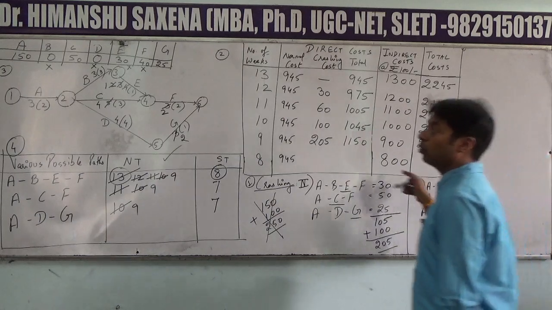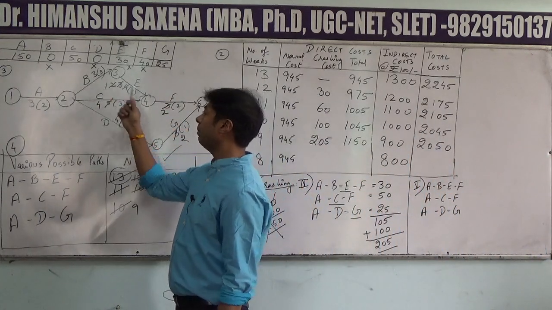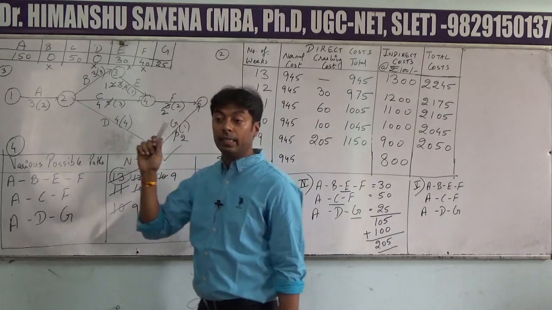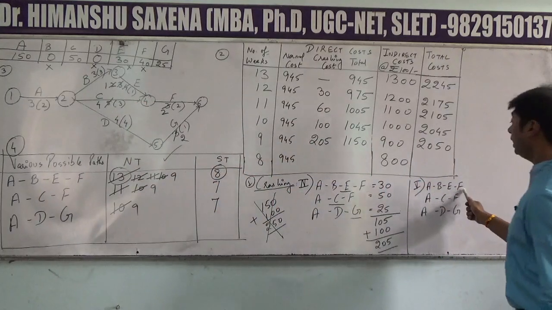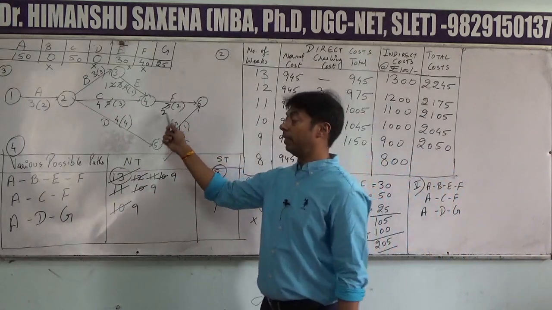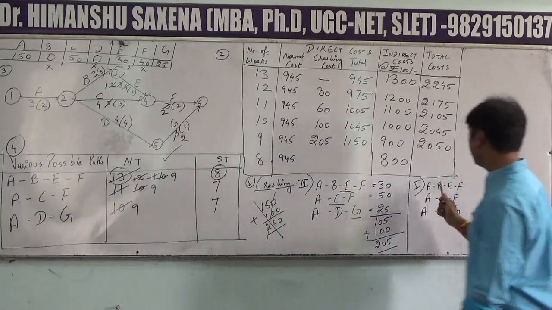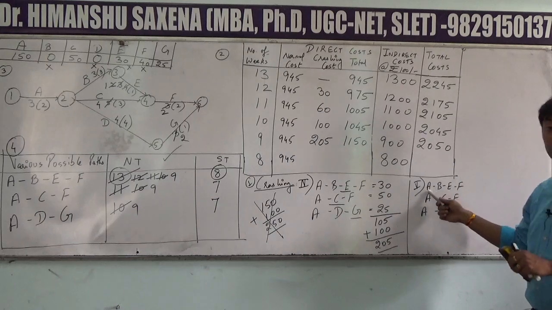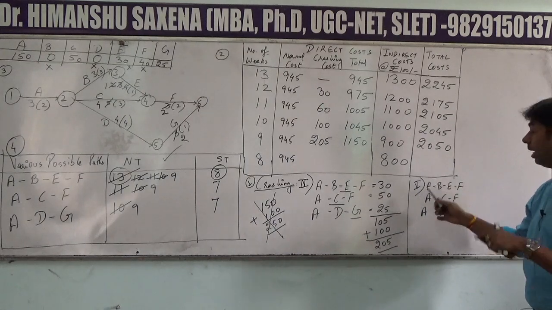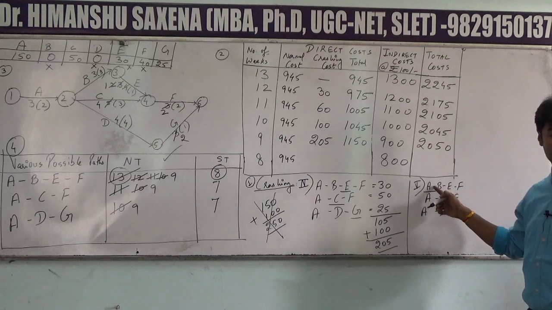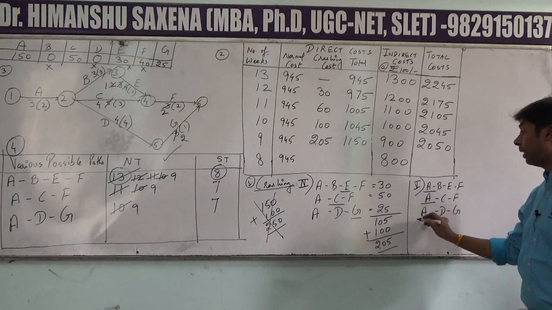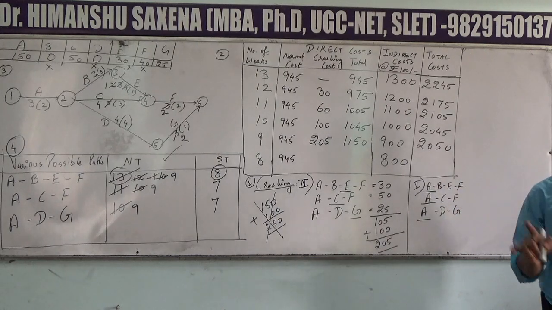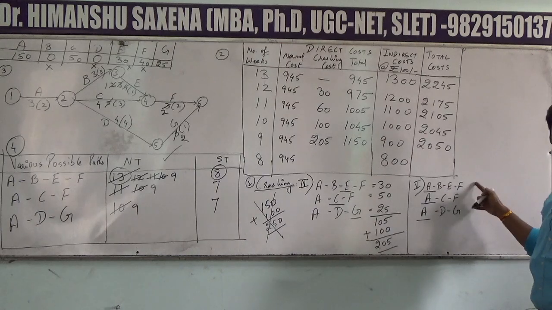Now just see, we cannot select activity B. Activity E is also gone because the normal time as well as the crash time of activity E is the same. Activity F is also not there. So we cannot select either activity B or E or F. So we are left with only activity A. Now when we are taking activity A in the first path, then it is better to take activity A as common in all the paths because we don't have any other option.